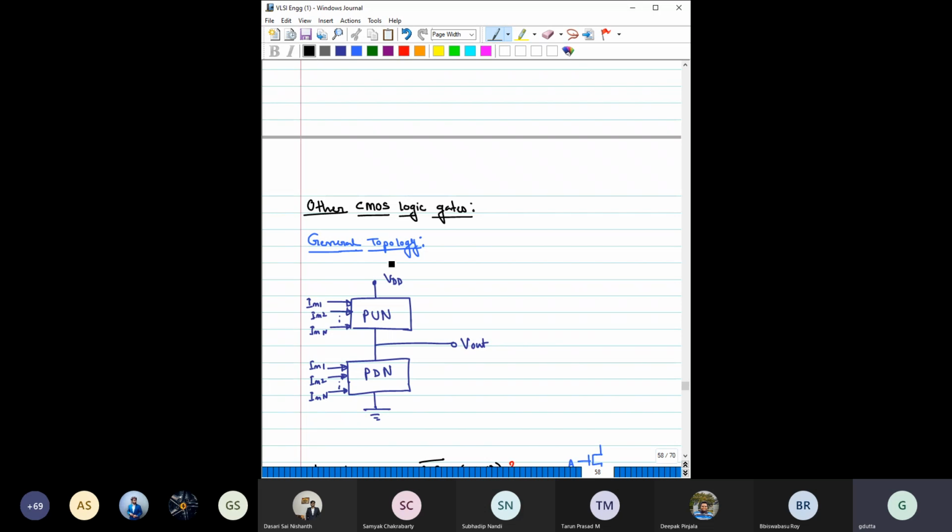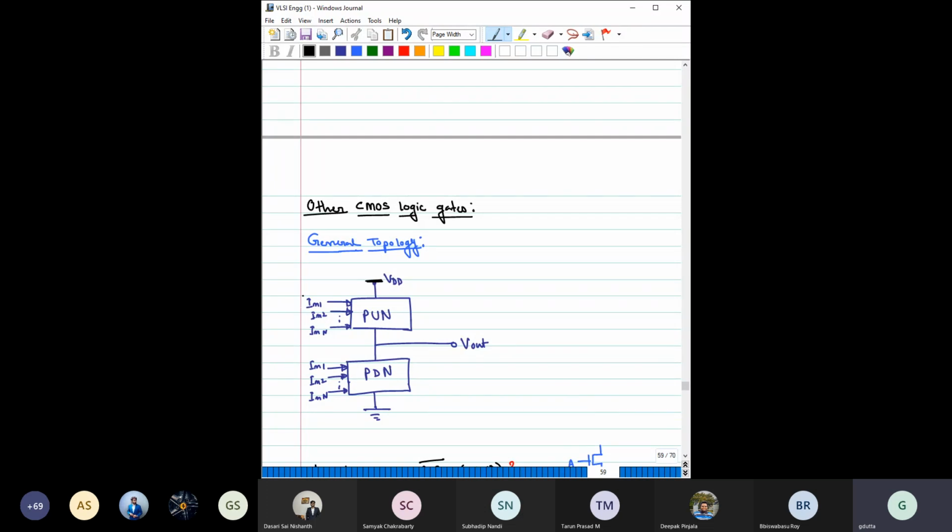So before going to those topics, let us just try to recapitulate what we have learned so far. What is the general topology if you want to design anything in CMOS logic? It looks something like this: VDD, then you have some pull up network, below that you have some pull down network, between them you have the output, and you connect the inputs to both the pull up network as well as the pull down network.